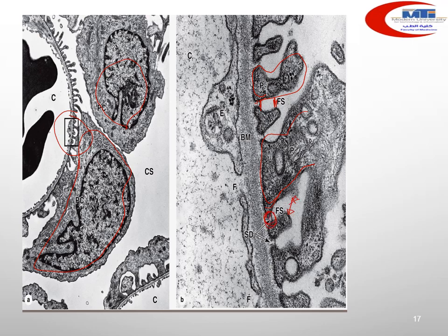Whereas from the capillary side, from the blood vessel, you can see this is the simple squamous epithelium or the endothelial cell, and you have no slit diaphragm in between. The space between the secondary process of the podocyte and the endothelial cell is called the Bowman's membrane.